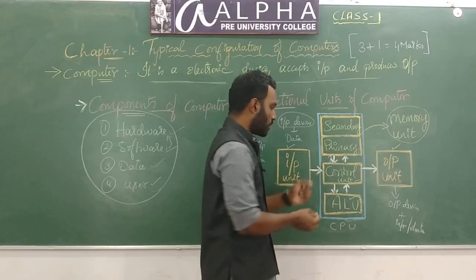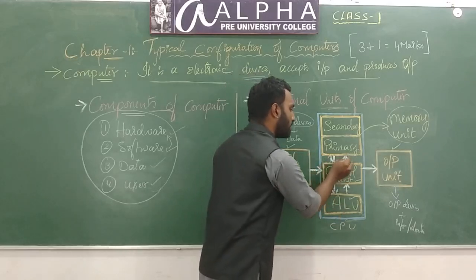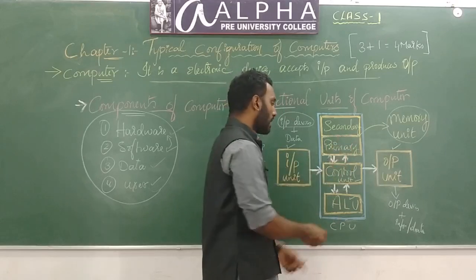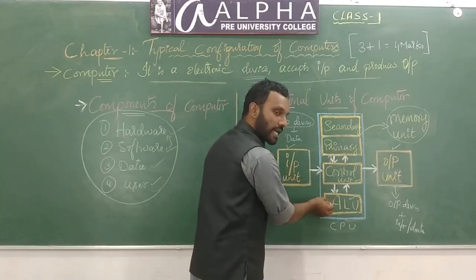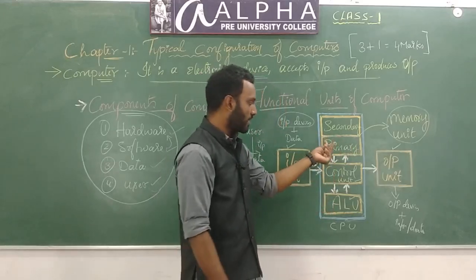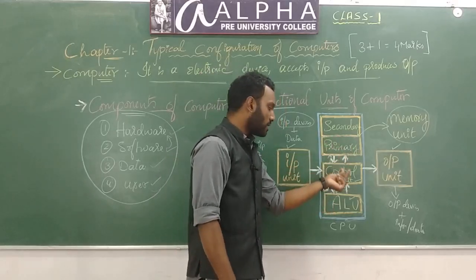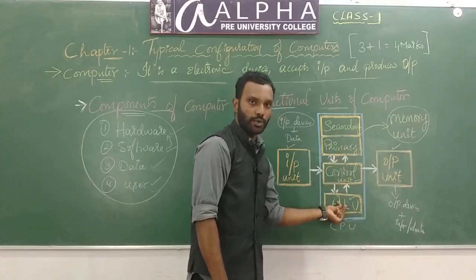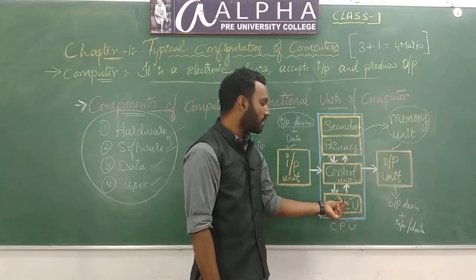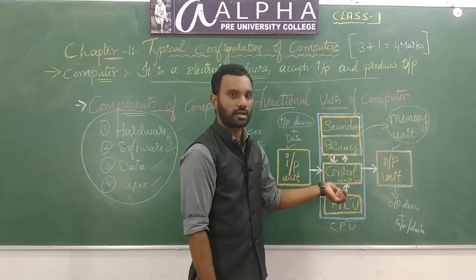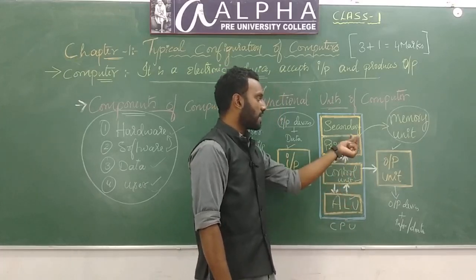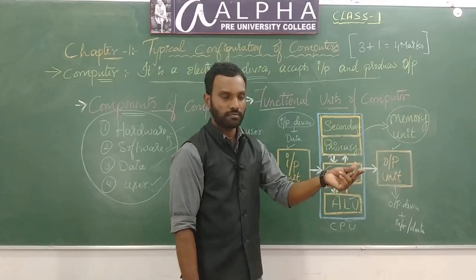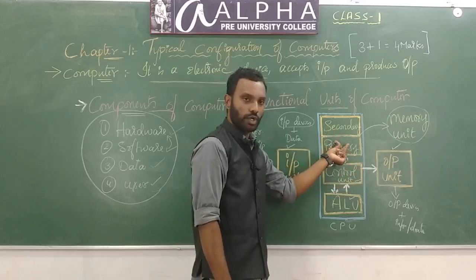If it has to be stored, the control unit takes the data and stores it in memory. If it has to be calculated, the control unit takes the data from memory and places it into the ALU where it gets calculated. And if any results are produced, the results are again placed in the memory unit. Any data or information has to be stored in the memory unit.